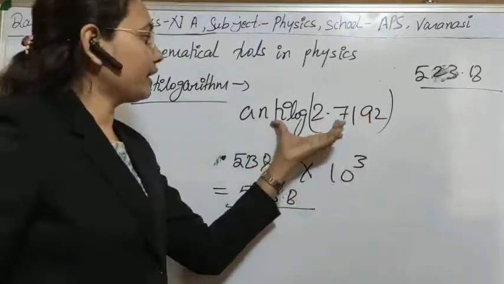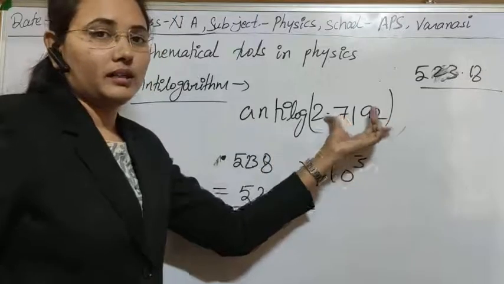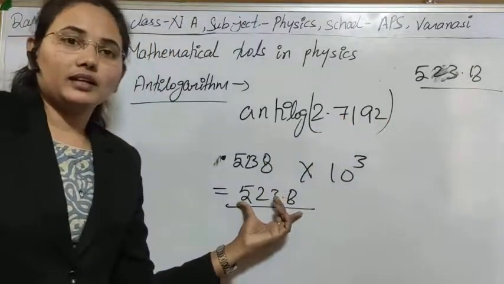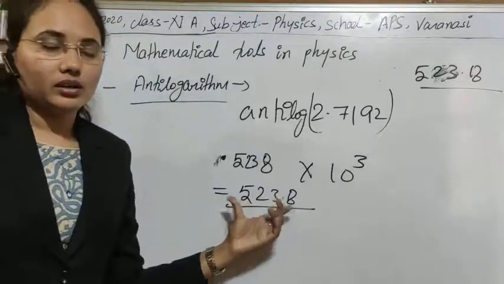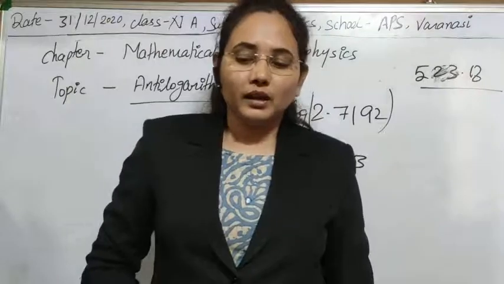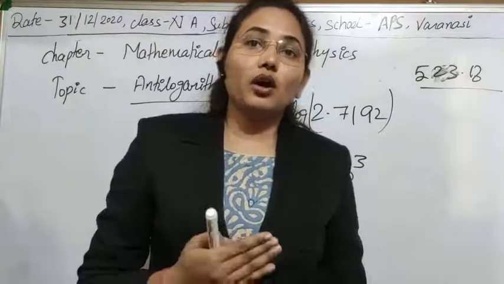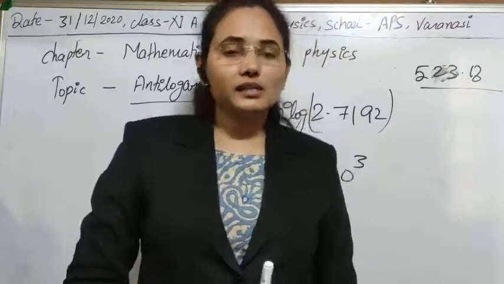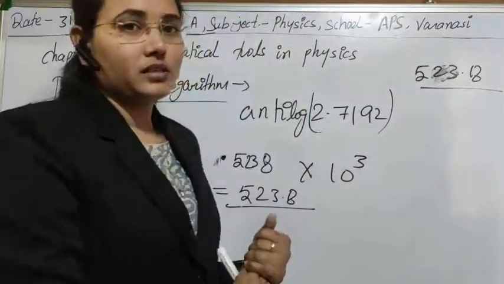And now if you take the anti-log of this quantity, then it will give you again the value of the quantity of which you have taken the log. So suppose some value is given to you and you don't know it is the log of which quantity, then at that time you can calculate easily with the help of this concept.